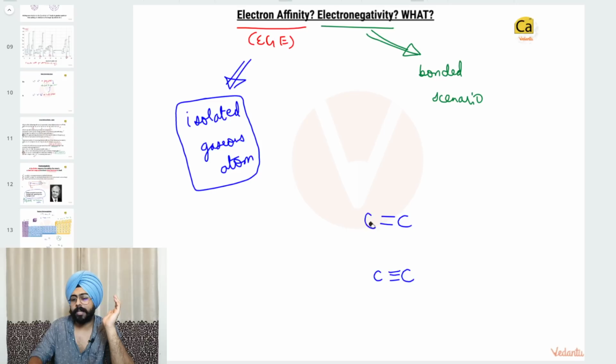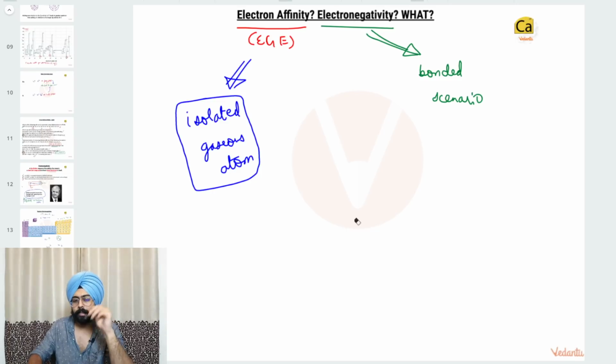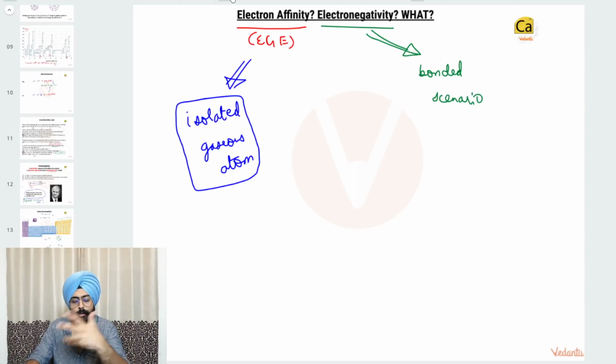We'll talk about it in the chapter of S block later. Sorry, not S block, P block. So we'll talk about it later, okay. Why is that triply bonded carbon more in terms of electronegativity? Again, google.com is open for you, Wikipedia is open for you. You can search for that information, why is triply bonded carbon more electronegative. Yeah, you can search. But for now, we don't need to worry about it.